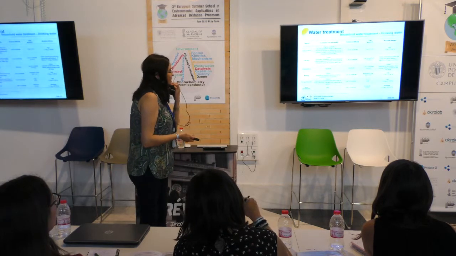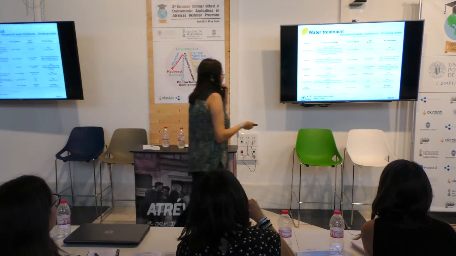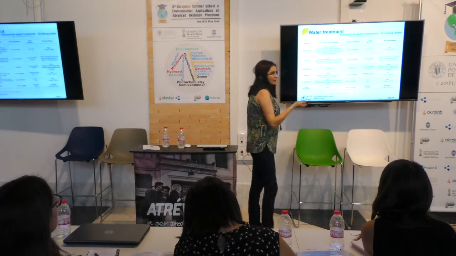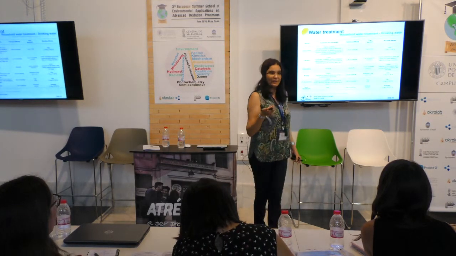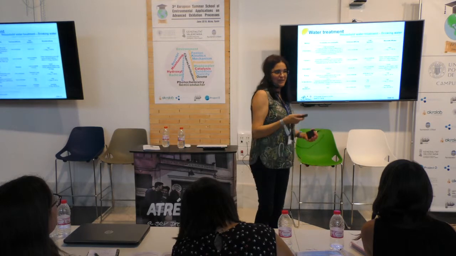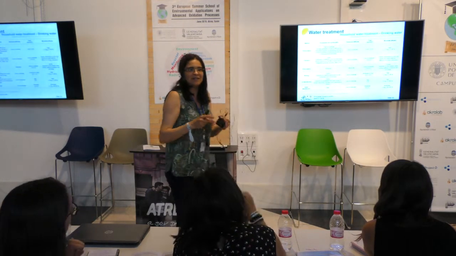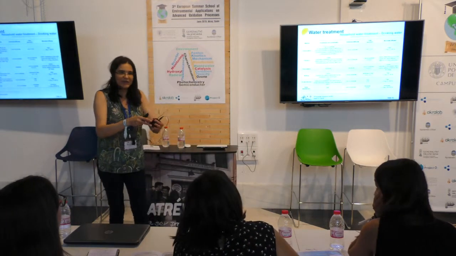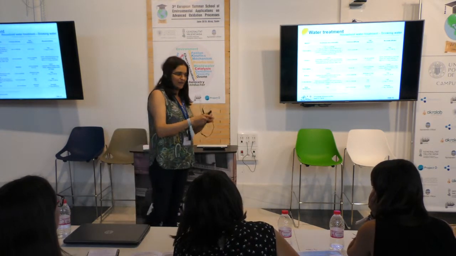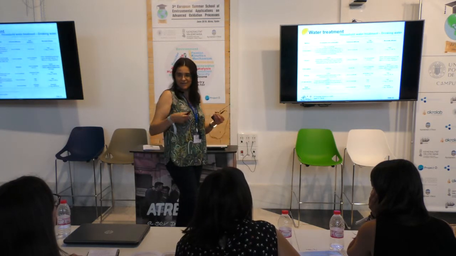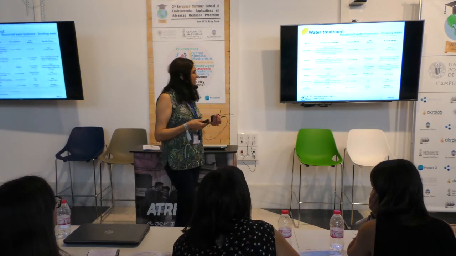Here in this table, I would just like to show you very briefly the most common drinking water treatments that can be used at household level, because there are many countries where drinking water is treated locally or in a non-centralized system, like happens in developing countries.